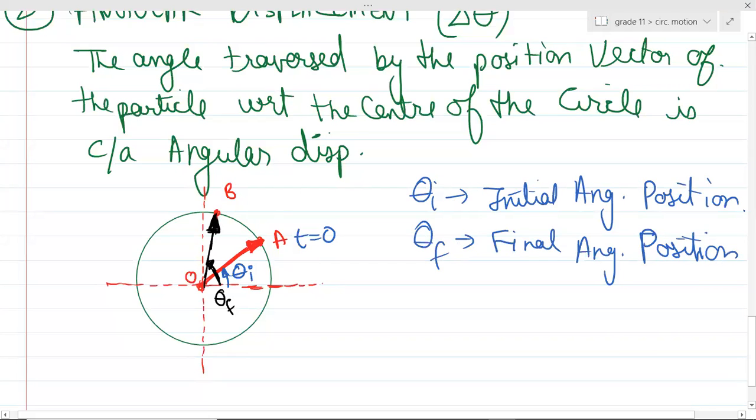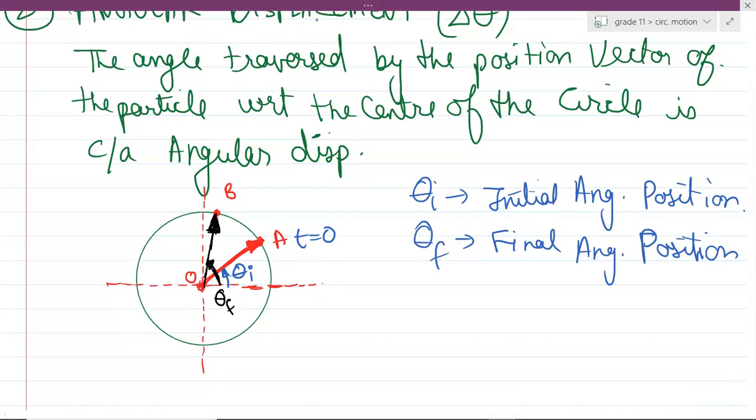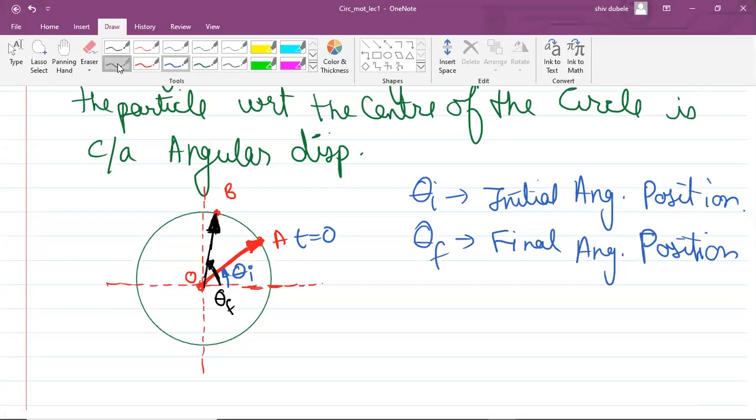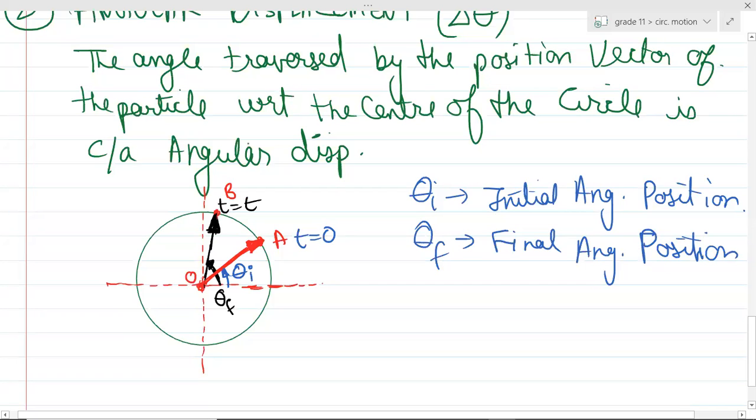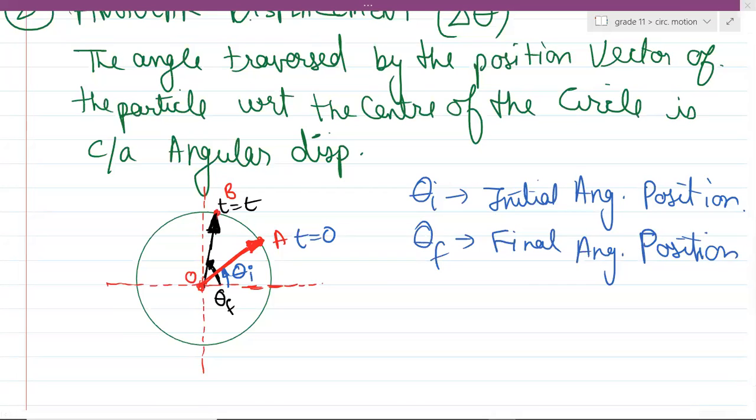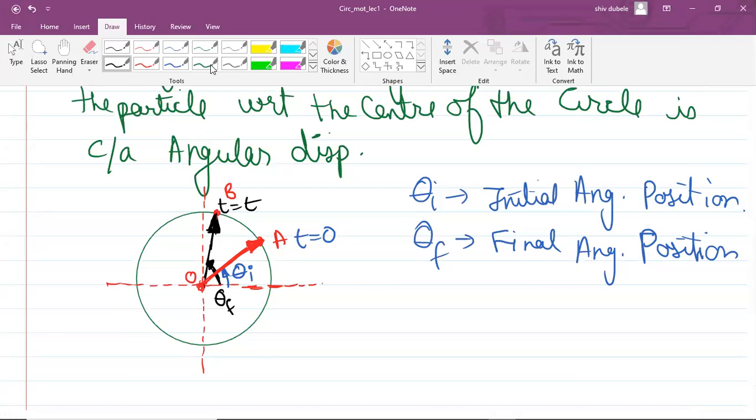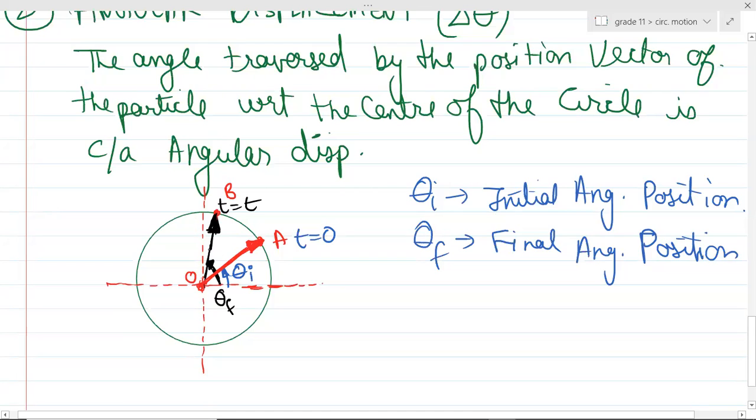So basically theta I is the initial angular position and theta F is the final angular position. So this angle, everyone can see this angle, right? From the initial position to the final position is basically termed as what? Delta theta.